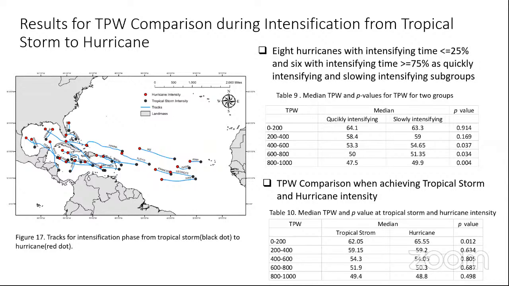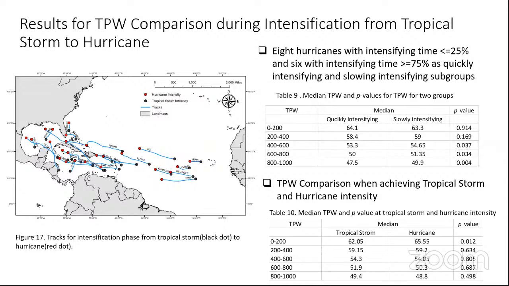Another explanation may be that because it's quickly intensifying, it advects the moisture from the surrounding area into the TC center. Thus, the surrounding area has less moisture. But I need to do more tests to get a robust conclusion about this.